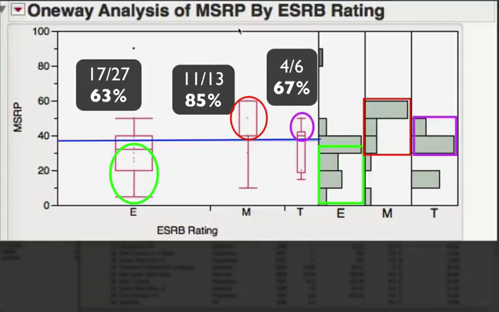And 4 out of 6, or about 67% of games rated T, were also above the grand mean MSRP. So it seems that there is a clear association between price and rating, as a greater number of games rated M and T cost more on average than those rated E.